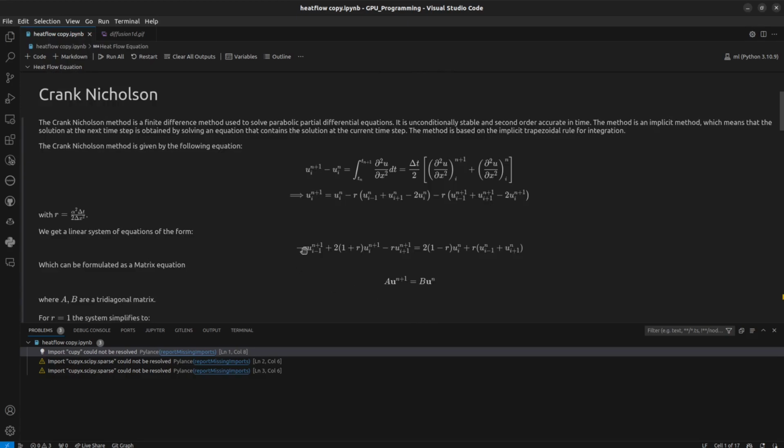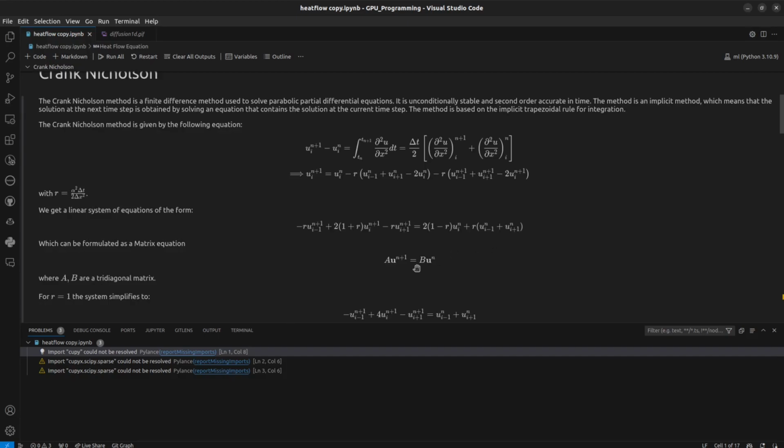Okay, so we have this kind of equation, and you can always formulate this as a matrix equation where A and B are in this case tridiagonal matrices, but in higher dimensions they are going to be banded matrices.